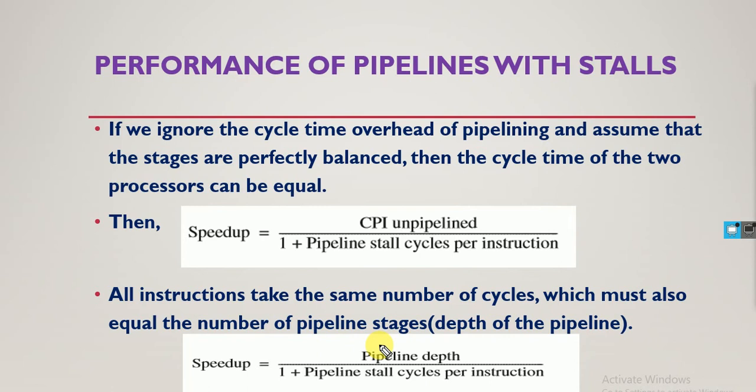The number of pipe stages decides the depth of the pipeline. In our previous example, the depth of the pipeline is 5, because there are 5 stages, 5 levels, for completing the entire pipeline. So the number of clock cycles is equivalent to the number of pipe stages. So speed up can also be evaluated as the cycles per insertion on the unpipelined system, which is the pipeline depth, that is the total cycles required for an insertion, to 1 plus pipeline stall cycles per insertion.